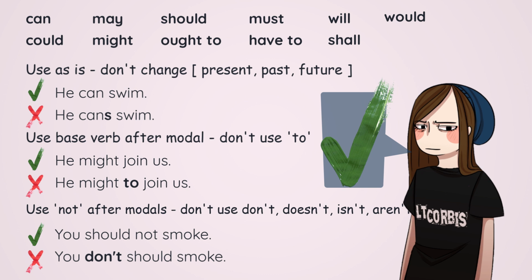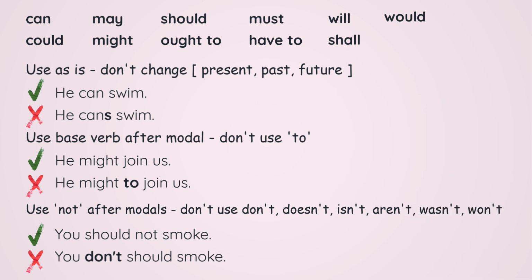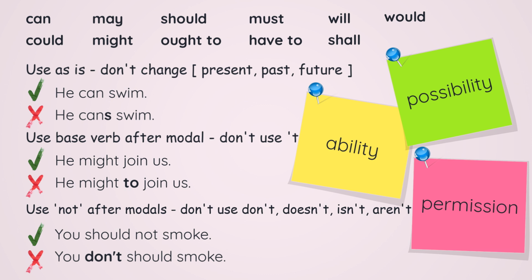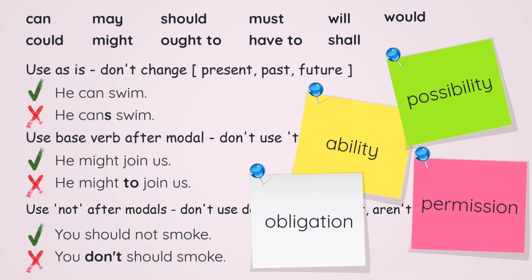Okay, so let's look at what modal verbs are. These are words that express different kinds of things. For example, they might express ability, possibility, permission, obligation, okay? And some other things like that. And they behave differently from regular verbs.